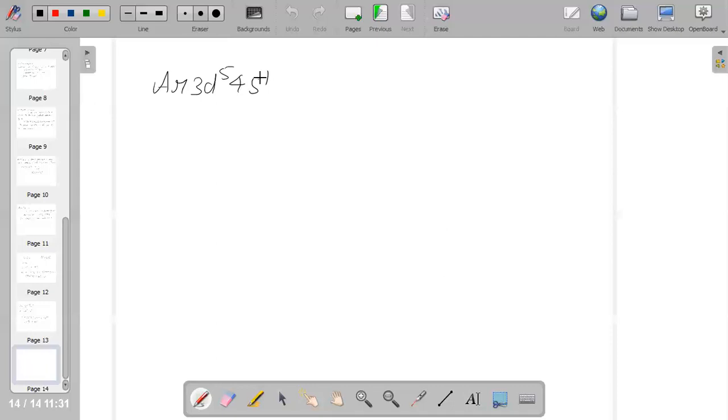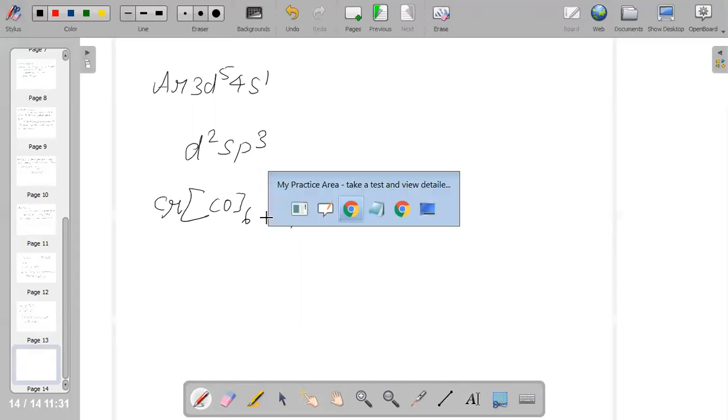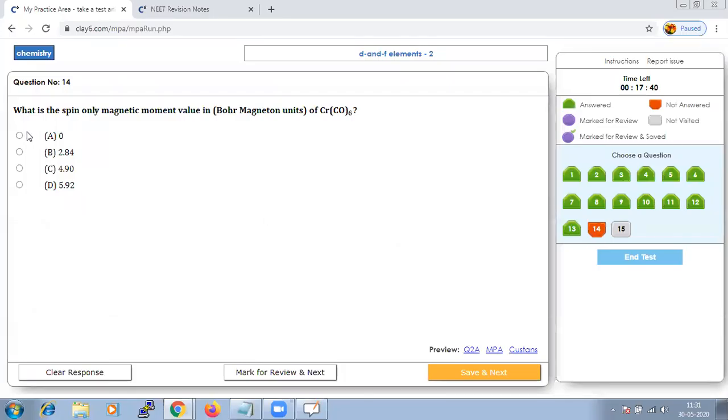We have to accommodate 6 ligands, and since CO is a strong ligand, the hybridization is d2sp3. That means the complex Cr(CO)6 will not have any unpaired electrons. If they do not have unpaired electrons, then the spin only magnetic moment will also be 0. So the answer should be 0. Let us save that and go to next.